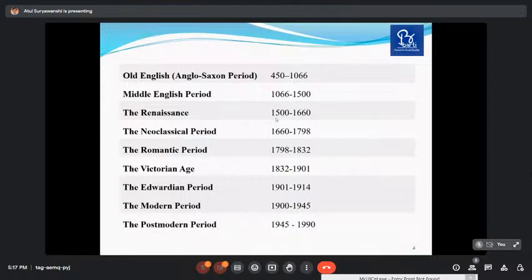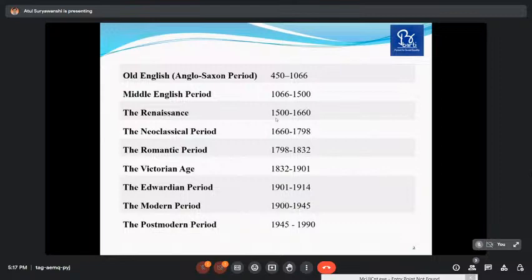After that, the next period was the Renaissance period, which initiated in 1500 and lasted up to 1660. Renaissance means a new beginning, a renewal of the literature.